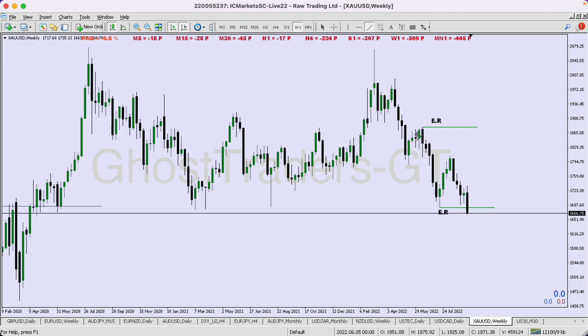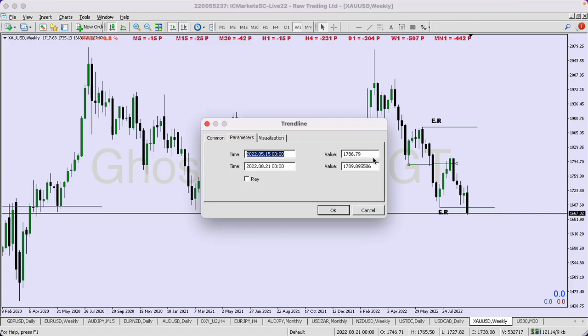We have something interesting at this level here. This is the level of your order block, but we also have a break in market structure here. So guess what?